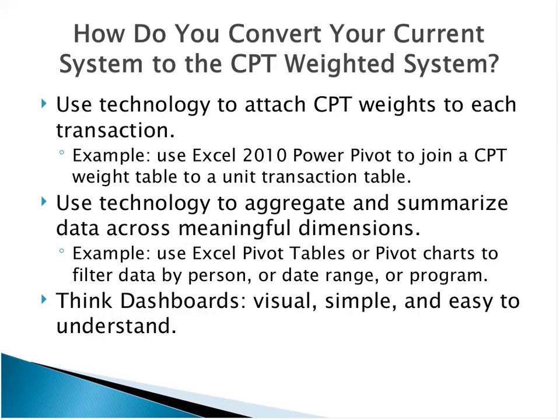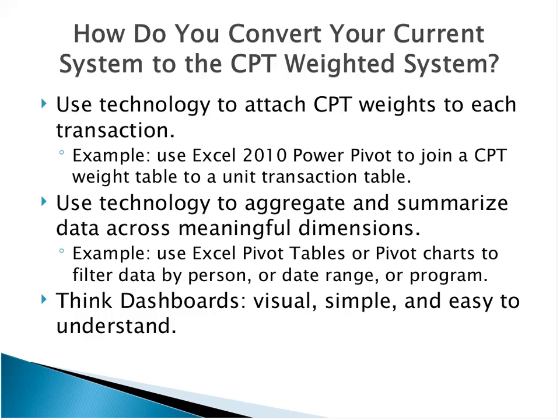That's what we do. One of the ways of doing that is that Excel 2010 now has a functionality called Power Pivot. Power Pivot allows you to join two tables together. Think about it as a one-to-many relationship. I have one table that may have 50,000 transactions in it, with a CPT code but no weight.